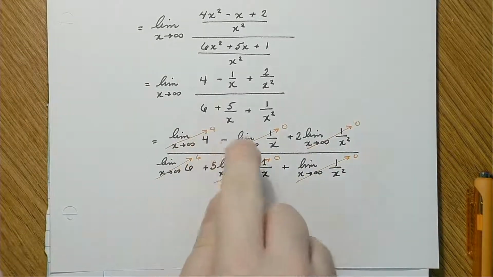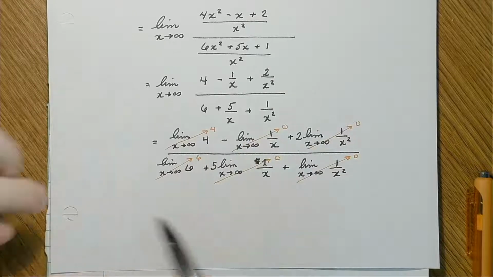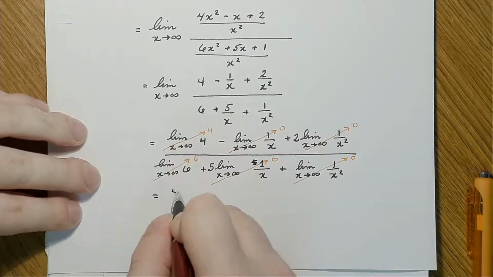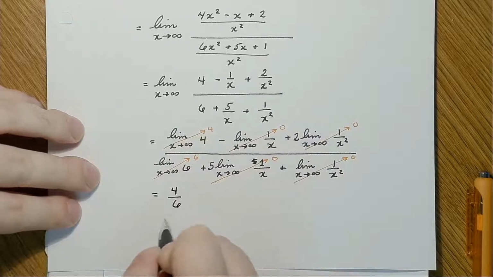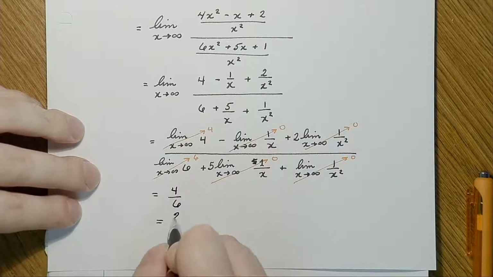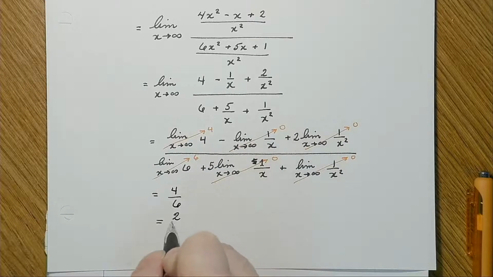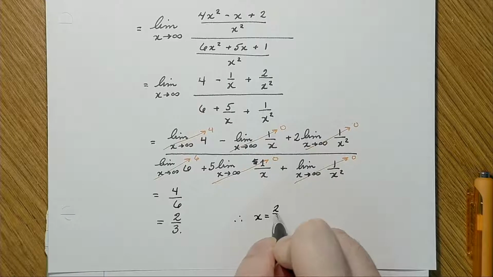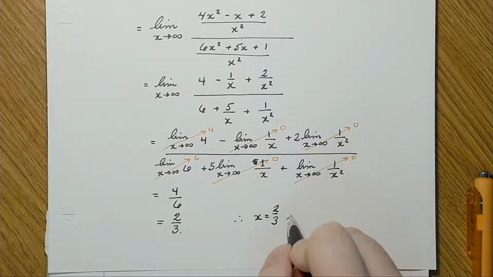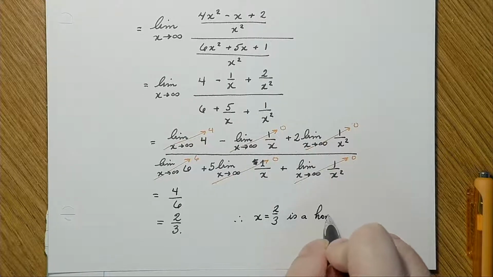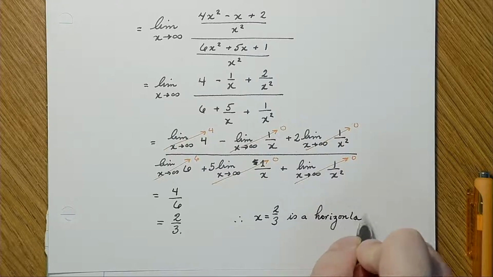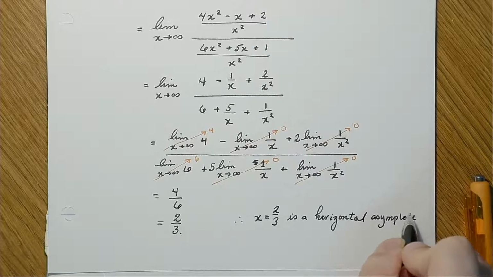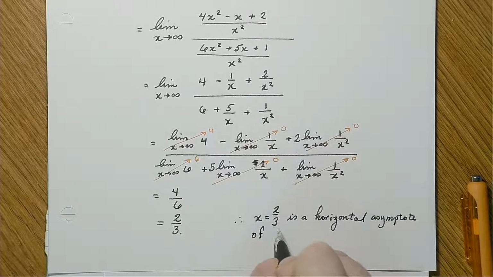So I have 4 minus 0 plus 0, and then I have 6 plus 0 plus 0. So I'm left with 4 over 6, and simplifying that, I have just 2 over 3. So therefore, y equals 2/3 is a horizontal asymptote of that function.